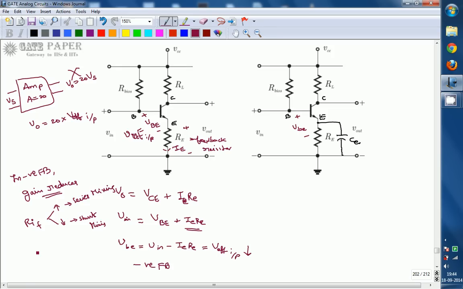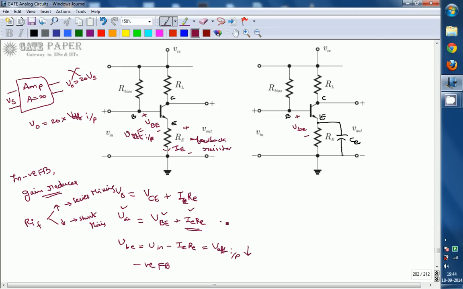Now we will see the effect on input impedance because of this negative feedback. So we have to find out whether it is series mixing or shunt mixing. From this input KVL, look at this one. The effective input signal is VBE and the applied input voltage is this one. This is feedback.